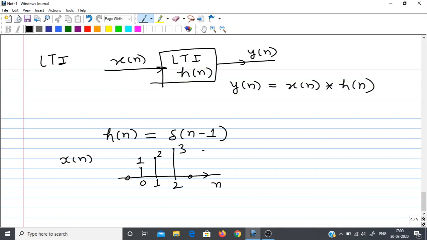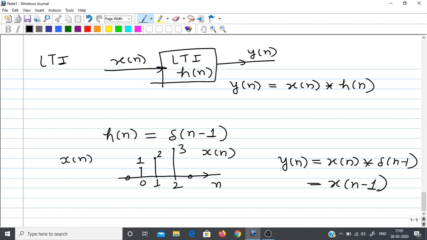This is the sequence x[n], and this is the impulse response h[n]. If I ask you to find the output y[n] when this input is applied to this unit delay system, then y[n] will be x[n] convolved with h[n], and h[n] is delta[n - 1], and this gives you x[n - 1].